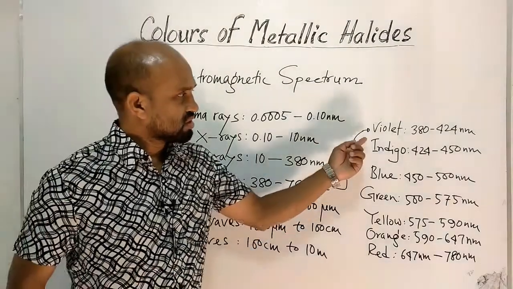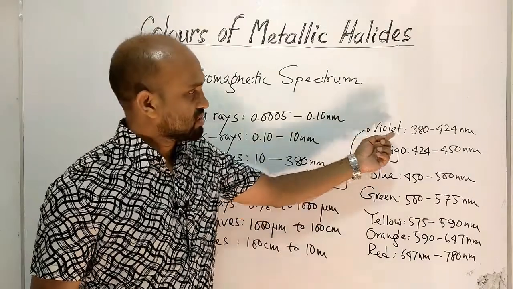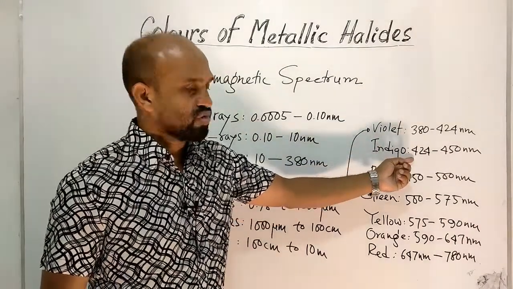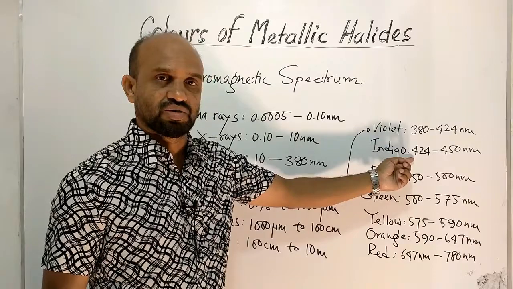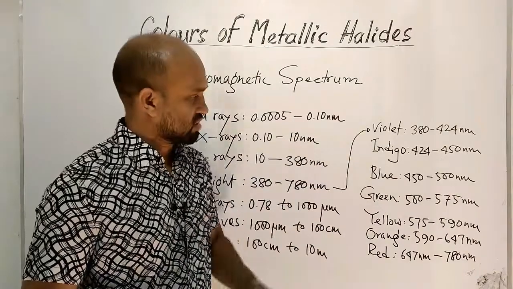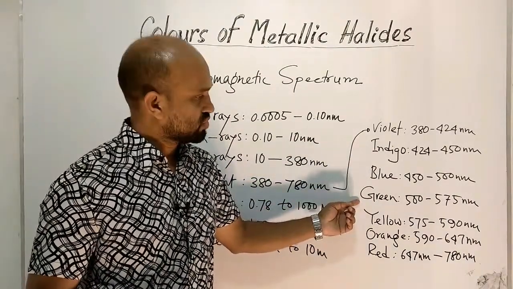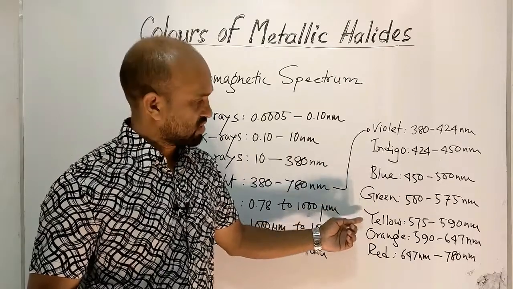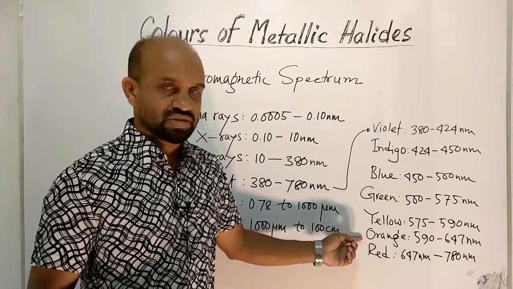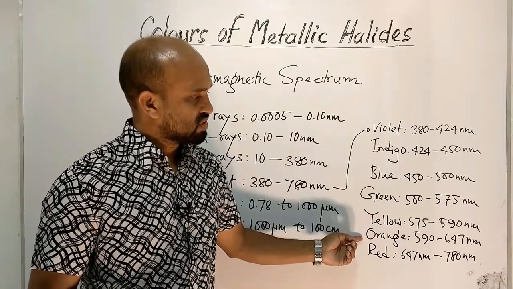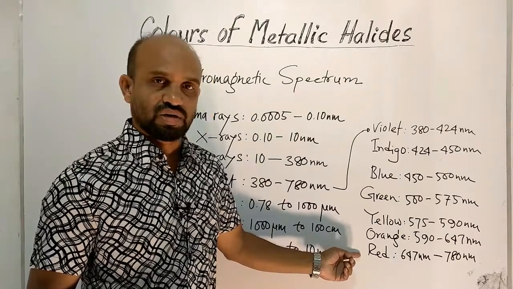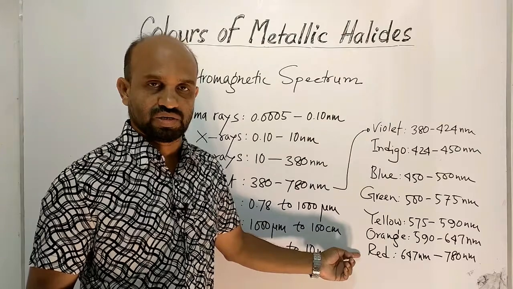Those are violet wavelength 380 to 424 nanometer, then indigo 424 to 450 nanometer, then blue 450 to 500 nanometer, green 500 to 575 nanometer, yellow 575 to 590 nanometer, orange 590 to 647 nanometer, and red 647 nanometer to 780 nanometer.